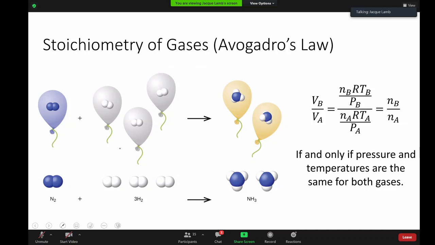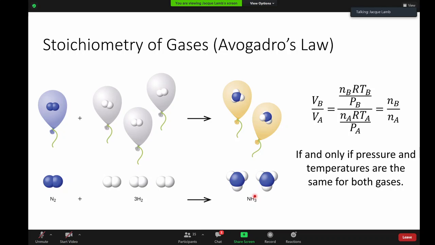To go back to stoichiometry for a moment, this is basically Avogadro's law. If you remember, here's a balanced equation: 1 mole of nitrogen, or 1 molecule of nitrogen, reacts with 3 moles of molecules of hydrogen to form 2 moles of molecules of ammonia.